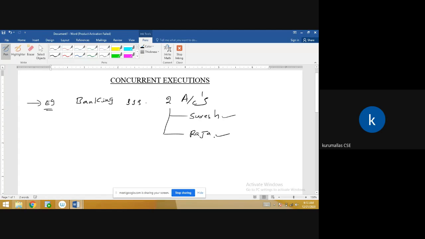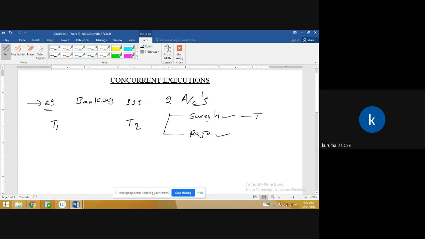Here the set of transactions are T1 and T2. What is the job of T1? T1 decrements Suresh account by 200 rupees and credits it in Raja's account.